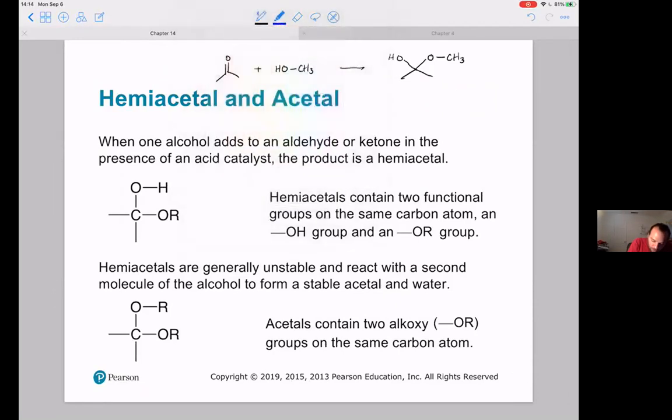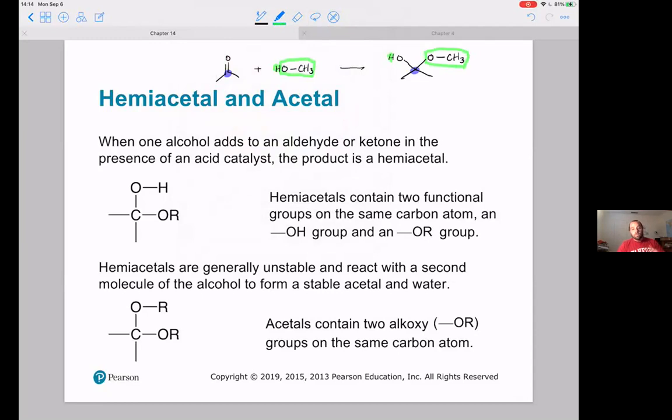So this was my carbonyl carbon. Now it has this alcohol added onto it, and the hydrogens over there. In a more advanced organic chemistry class, we would go through how exactly this gets added. For this particular course, we're not going to bother with what's called the reaction mechanism. You just have to be able to recognize the products.